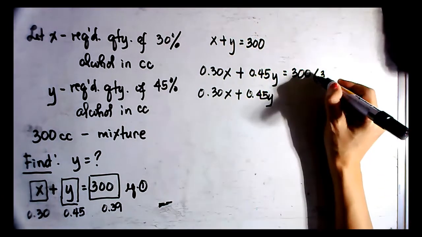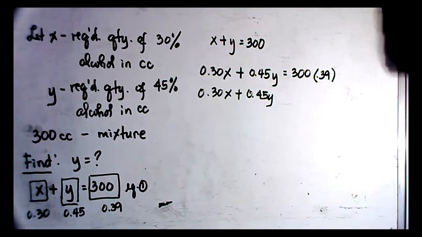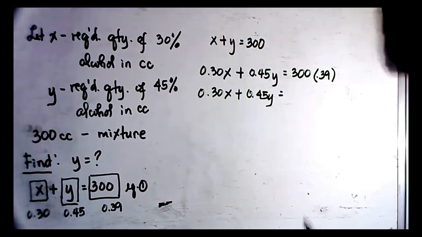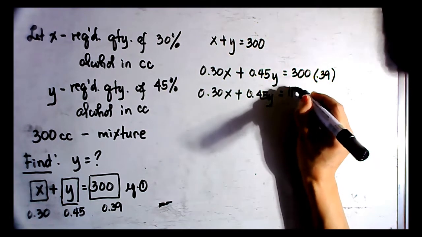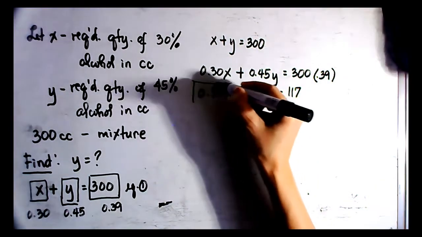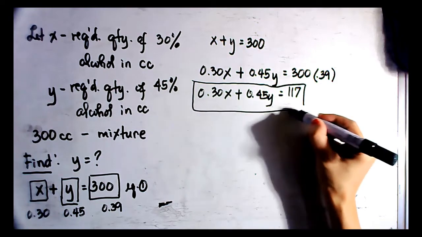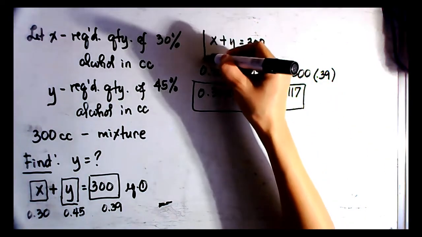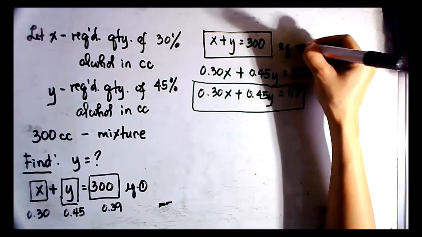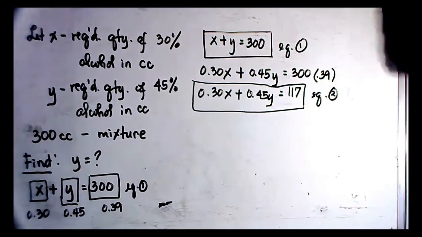So we have 0.39 solution for the 300 mixture. This will be equivalent to 117. As you would notice, there are two equations which we can use. This one is equation 1, while this one is equation 2.